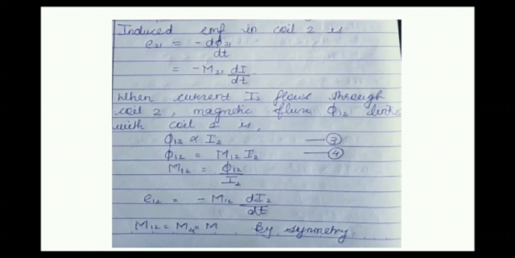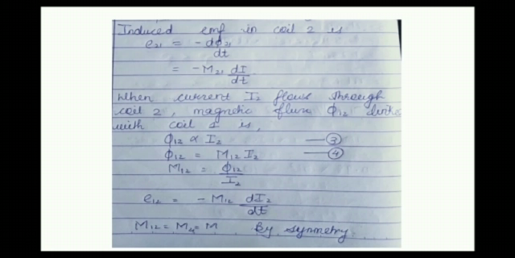The induced EMF in the coil 2 is given by E21 equals minus d phi 21 upon dt, that is equal to minus M21 into dI1 by dt. Now, when the current I2 flows through the coil 2, magnetic flux linked with the coil 1 is given by phi 12 directly proportional to I2, that is equation number 3.